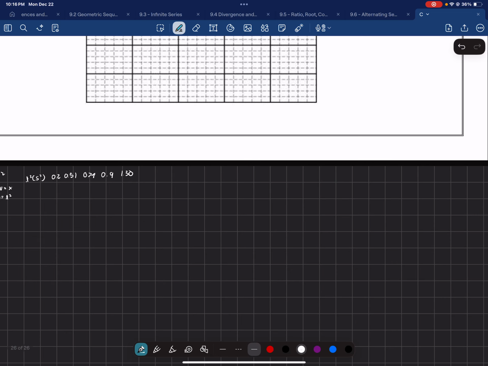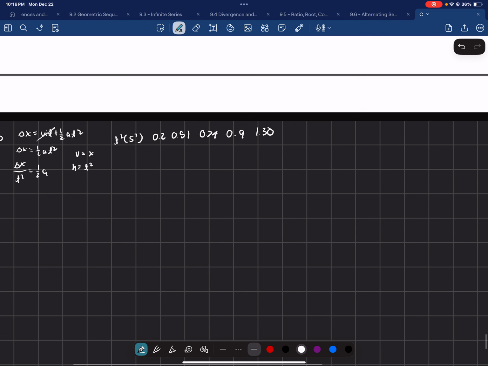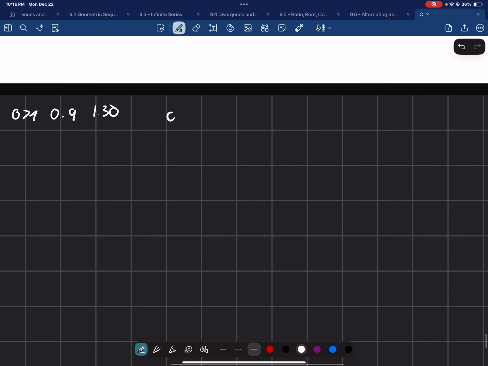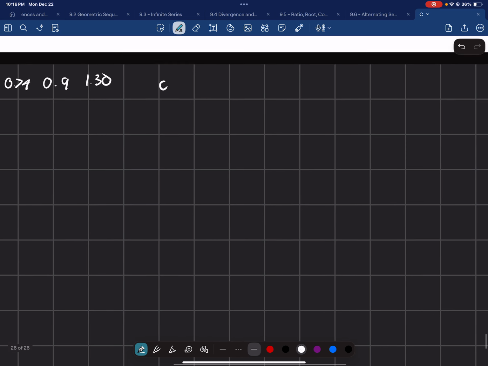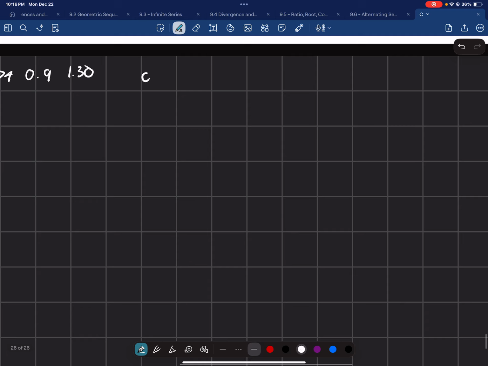For part C, it asks us to draw a graph and plot the data points for the quantities in part B. So the horizontal axis would be t squared, which is seconds squared. This would be x, since the equation we found earlier gives rise over run. Let's just say this is 1, this is 2.